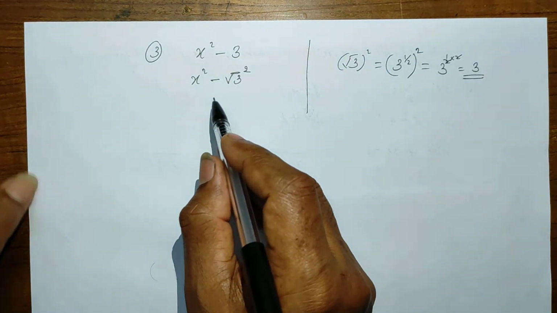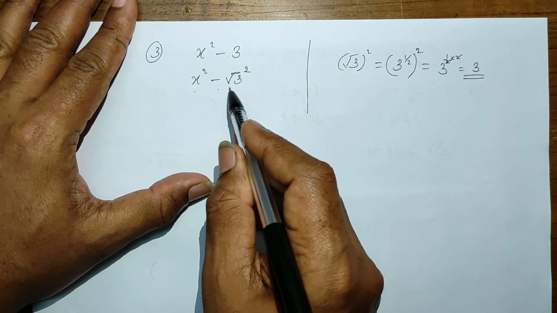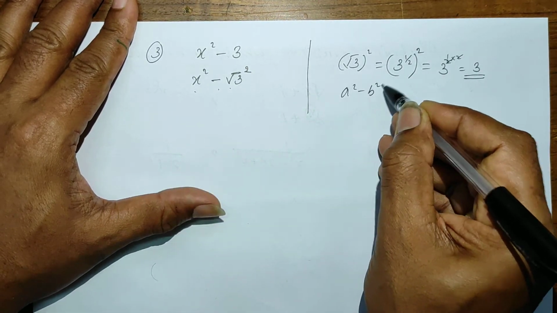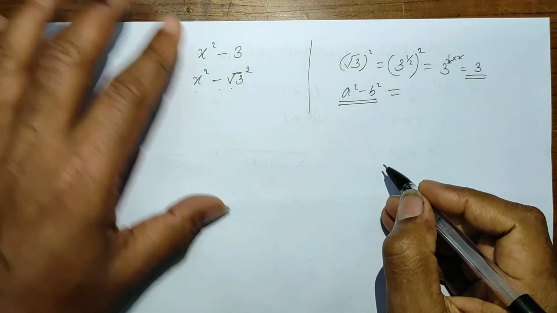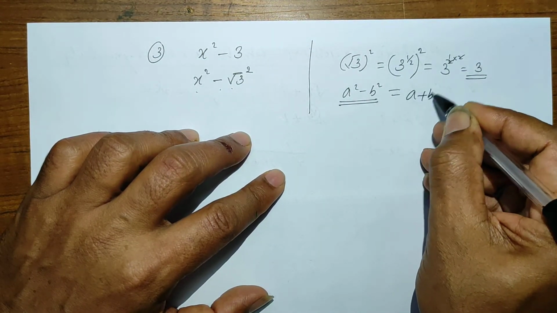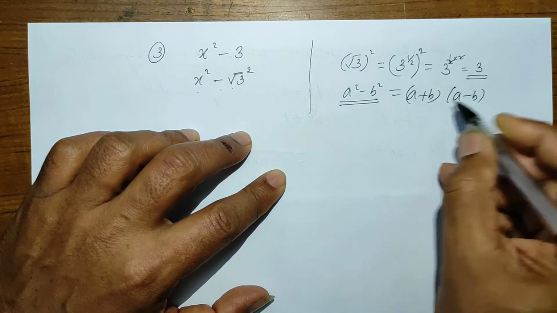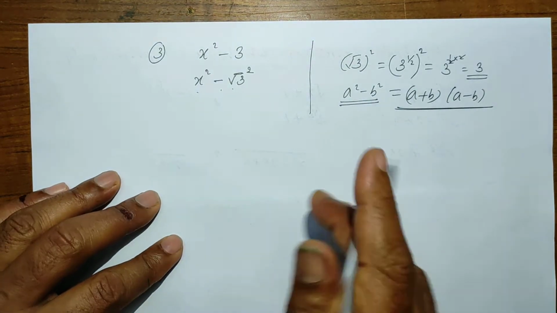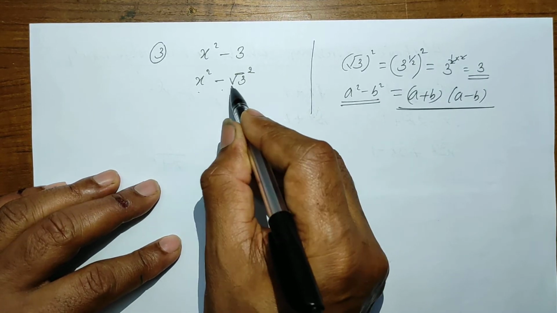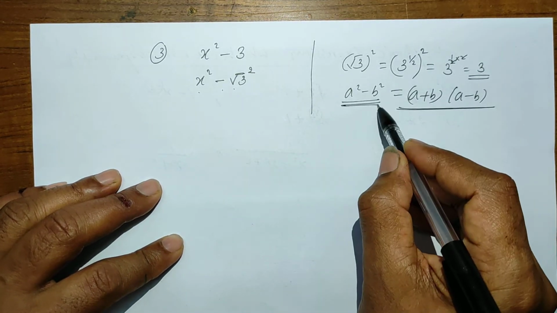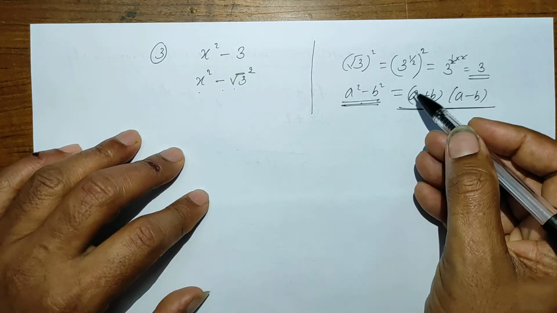Now, this is of the form a square minus b square. An expression of the form a square minus b square has two factors, a plus b and a minus b. That's all. Very simple. So you can factorize such expressions using the identity a square minus b square.